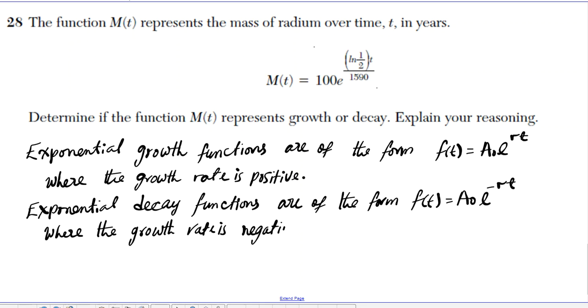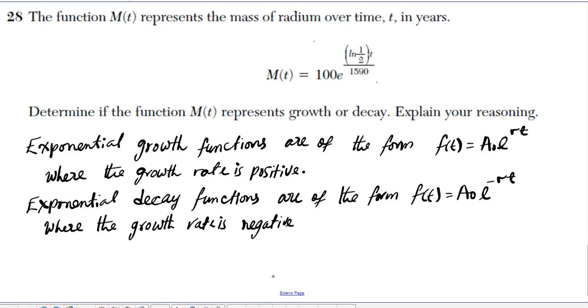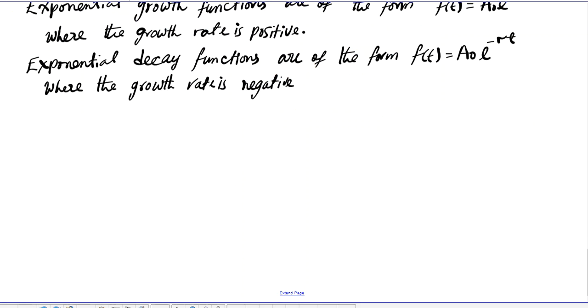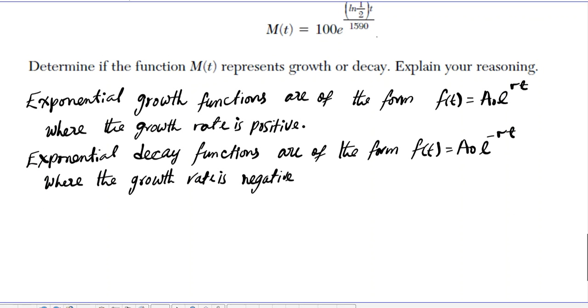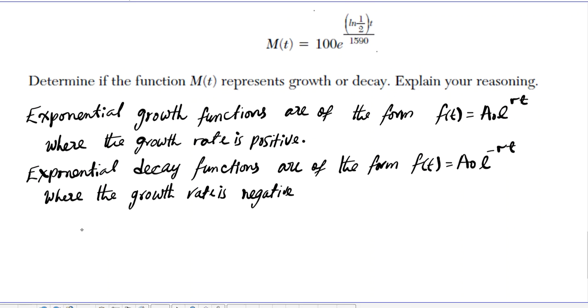That is why we have the negative rt component. So the sign of the exponent right here, the sign of ln 1 half over 1590, will tell us if this is a growth or decay function.